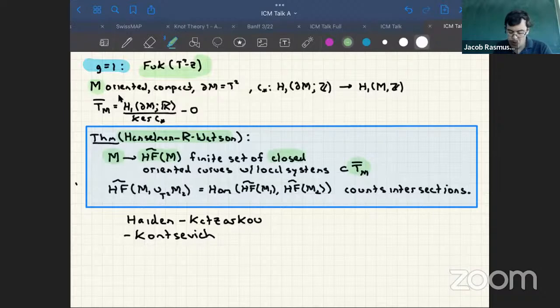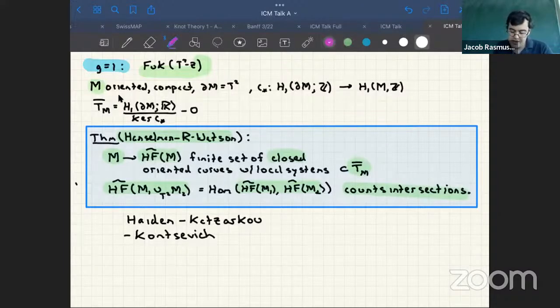We can use this invariant to calculate what happens when we glue two 3-manifolds with torus boundary together. HF hat of their union, which is supposed to be a Z mod 2 vector space, is the Hom space in this Fukaya category. Geometrically, almost all the time, all that does is pull your curves tight into minimal position and count the number of intersections between them.